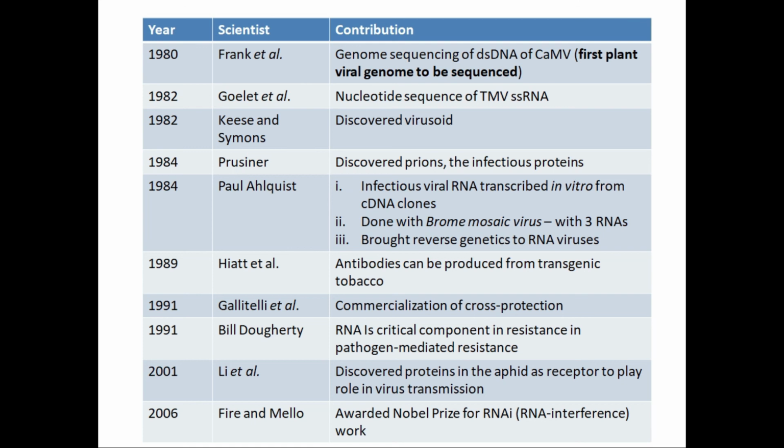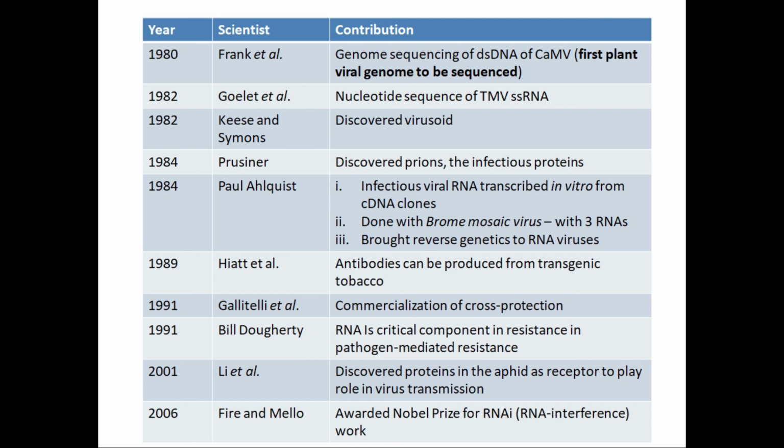Then many other observations, like antibodies can be produced from transgenic tobacco. Then commercialization of cross protection, though it was not successful on a large scale and it is not feasible on a large scale. There are many risks involved in cross protection. Then RNA is a critical component in resistance, in the pathogen mediated resistance.